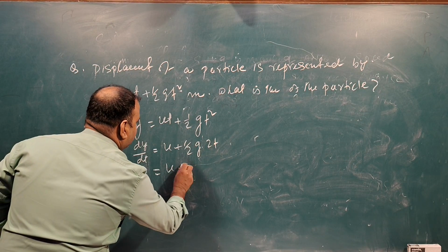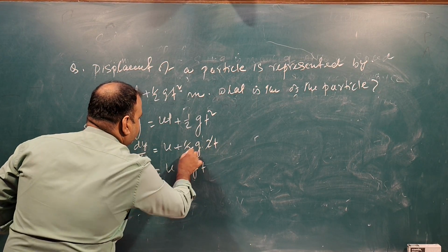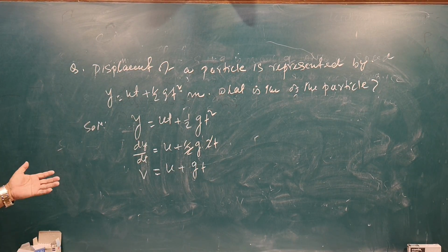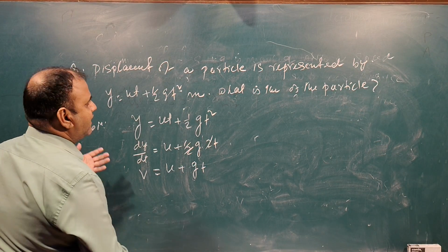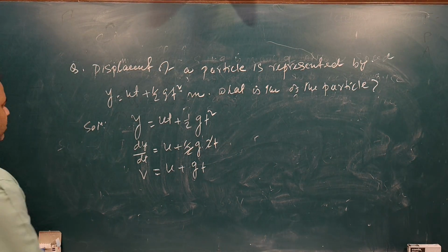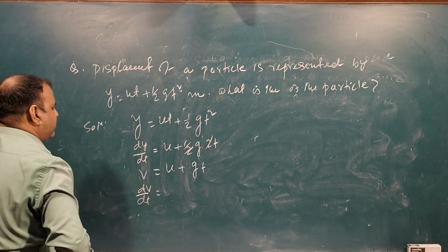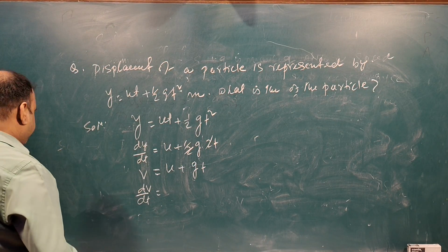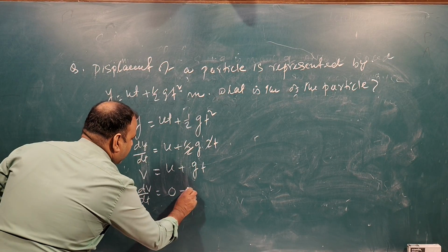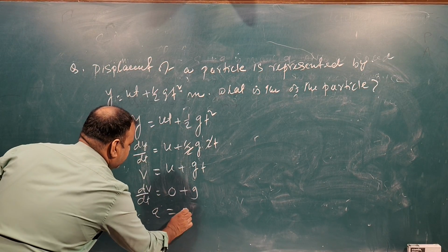We can write u + gt, because the 2 cancels. Again differentiate it, because we need to find the acceleration. dv/dt = 0 + g. So acceleration is equal to g.